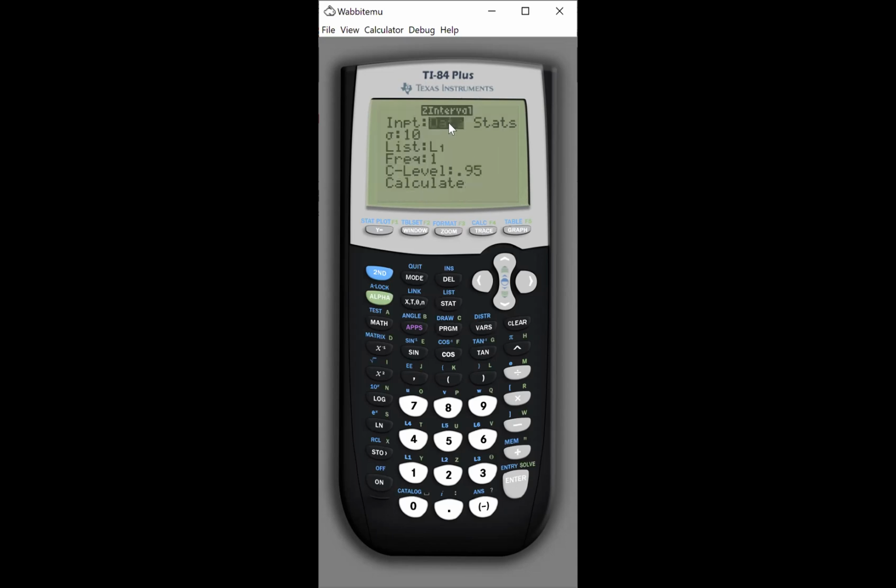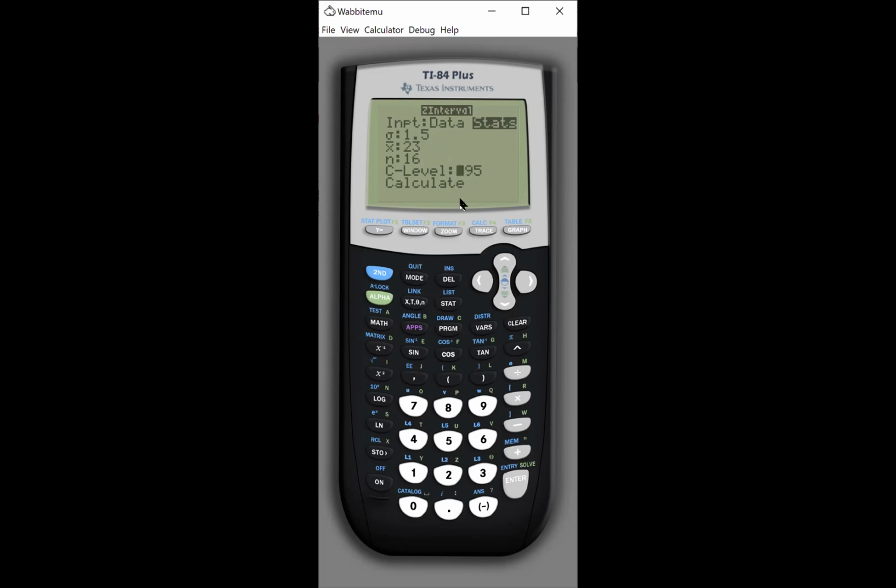So if you look at it, it gives you the same option. It asks you, is this data or is this stats? Data means that you're going to give it the raw data. Stats means you already know the mean, the standard deviation, and the confidence level. Since I already know all of that information, we're going to choose stats. The standard deviation is 1.5, my mean is 23, n is 16, and our confidence level was 95%.